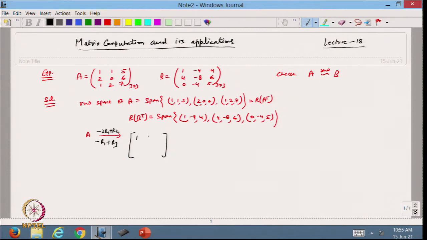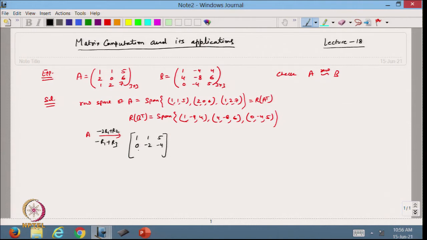So, it will be 1 1 5, then this will be 0, because I am taking minus 2 plus 2. Then 0 minus 2, so it will be minus 2, and then minus 10 plus 6, so it will be minus 4.